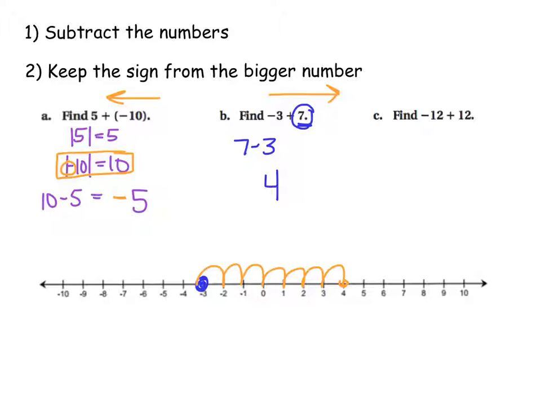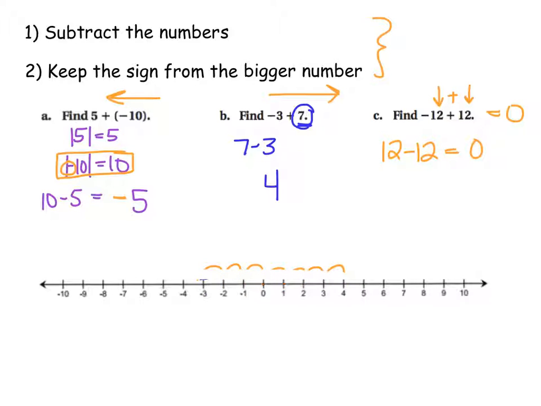And then last but not least, this one actually is a number plus its opposite, negative 12 plus 12. We know because of the additive inverse property, it should equal 0. If we use our rule from above, 12 minus 12 is 0. 0 doesn't have a sign.